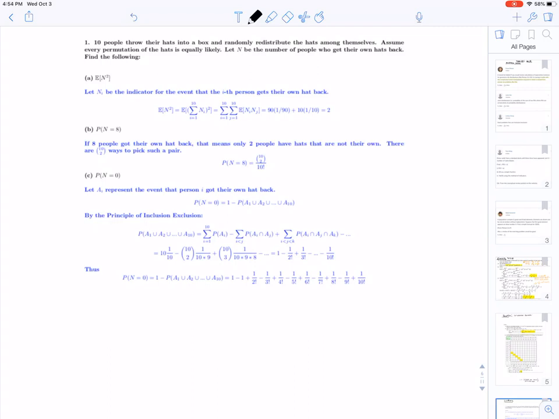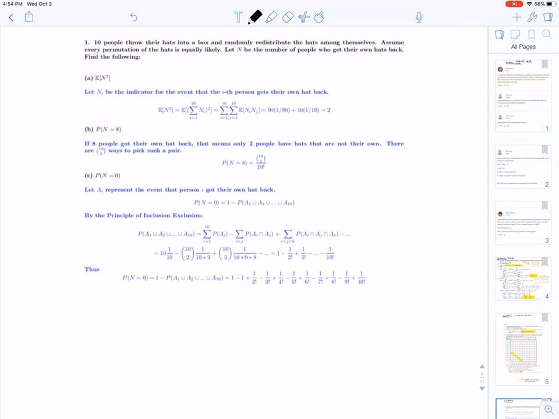And then it's a matter of writing out what these probabilities are. The probability of a person getting their own hat back is 1 over 10. The probability of the first person and the second person getting their own hat back is 1 over 10 times 1 over 9, and so on.